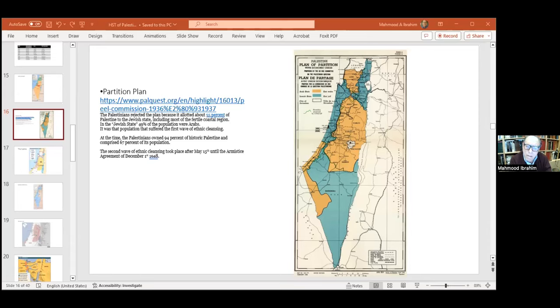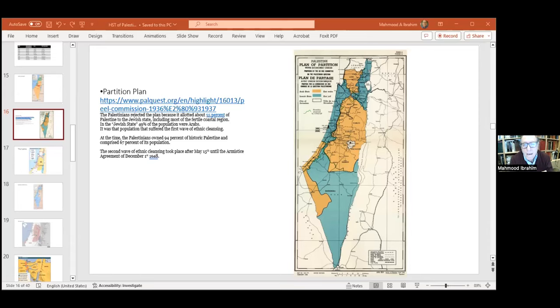The Jewish state was supposed to take the most fertile regions of the country. And of course, it was largely inhabited by Palestinians themselves. And so 49% of the population of that Jewish state were Palestinians, Christians and Muslims.